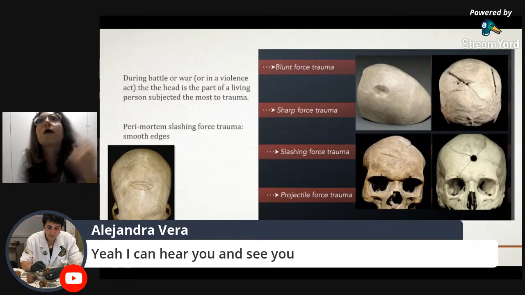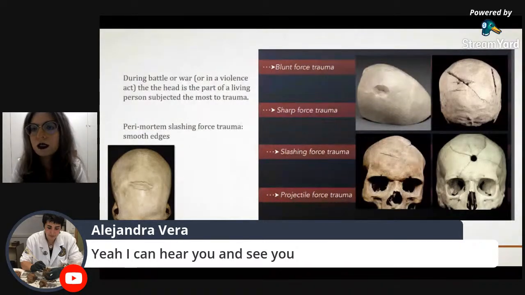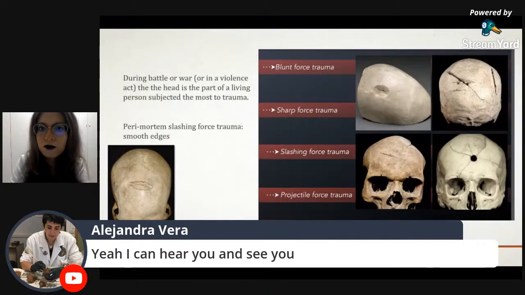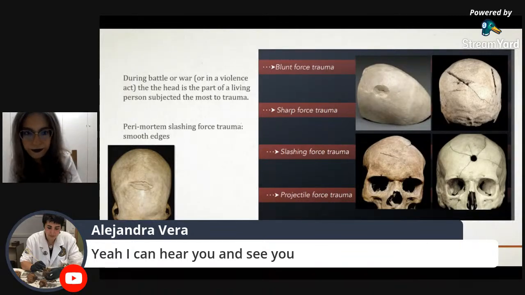Also, when we find examples of cranial trepanation, we can witness a partial closure of the injury. That means that the person who received the treatment survived for some time after the trepanation.